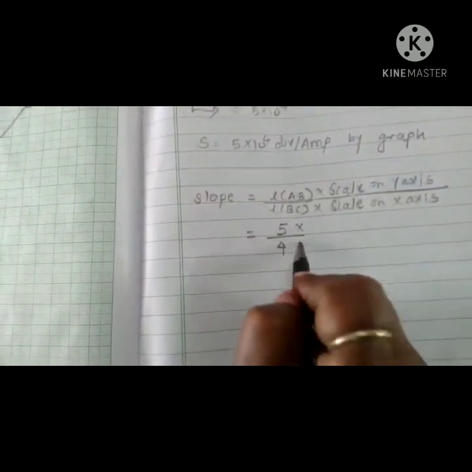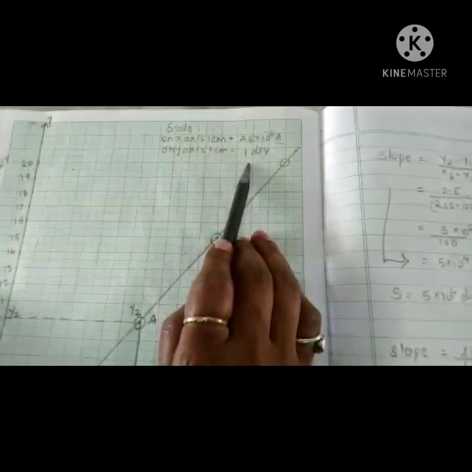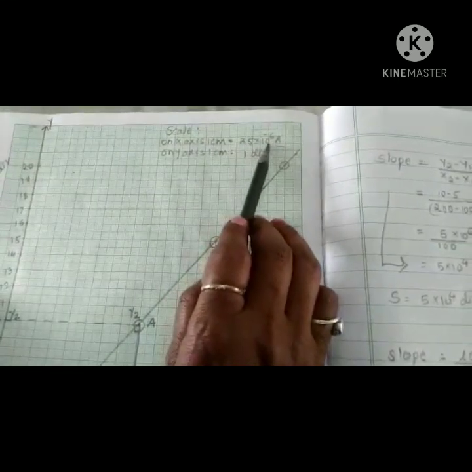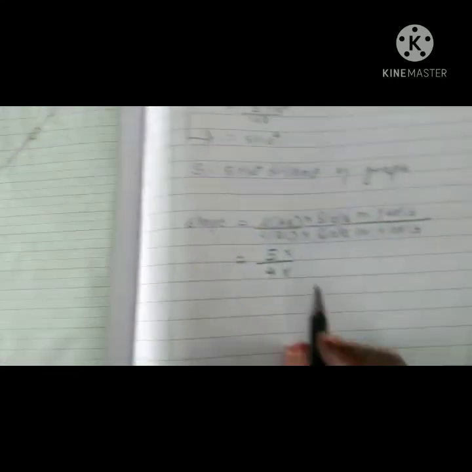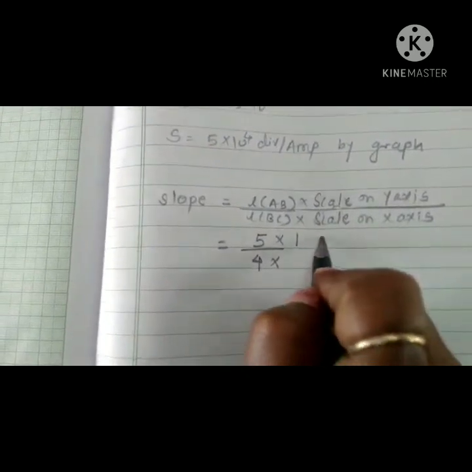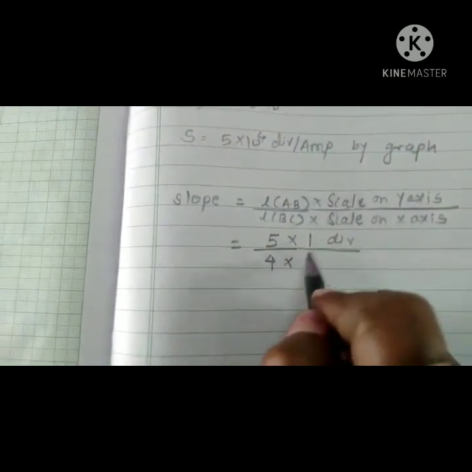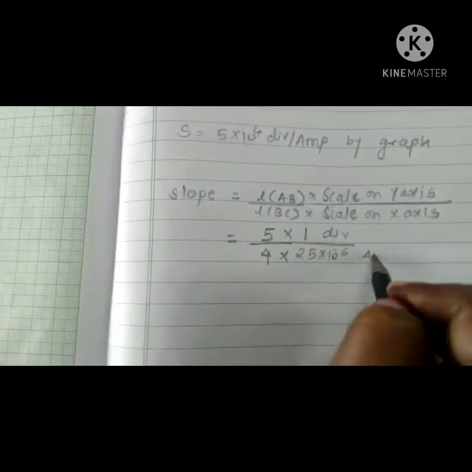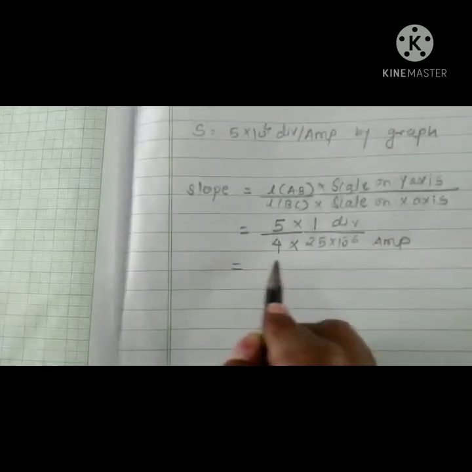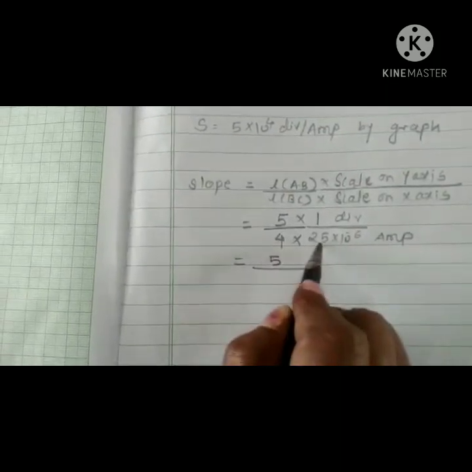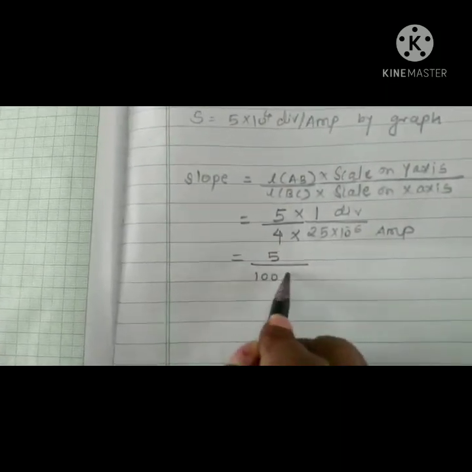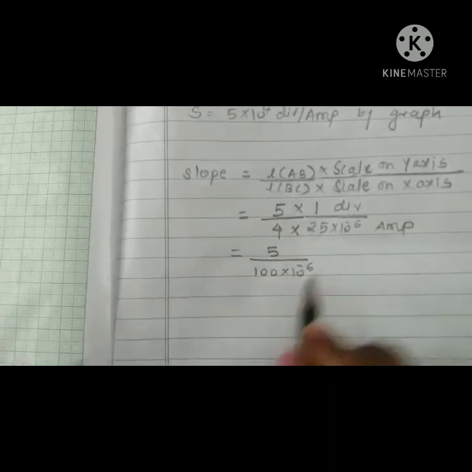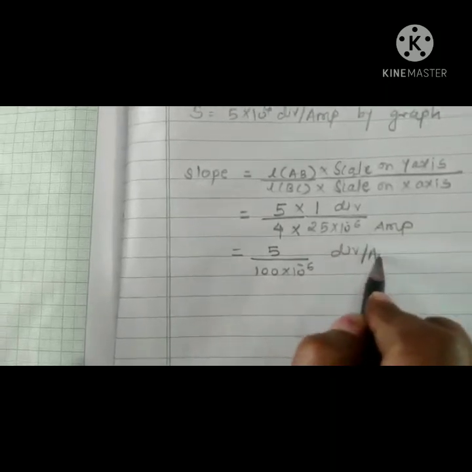This is 4 centimeter, into scale on y-axis, 1 division, divided by scale on x-axis, 25 into 10 to the power minus 6 ampere. So 5 into 1 is 5, divided by 4 into 25, that is 100 into 10 to the power minus 6 division per ampere.